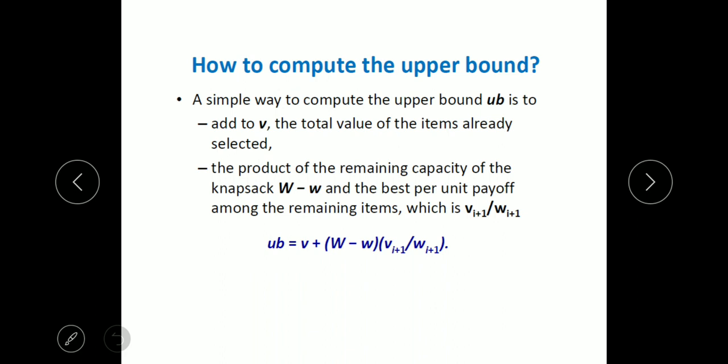The simplest way to calculate the upper bound is given by UB.